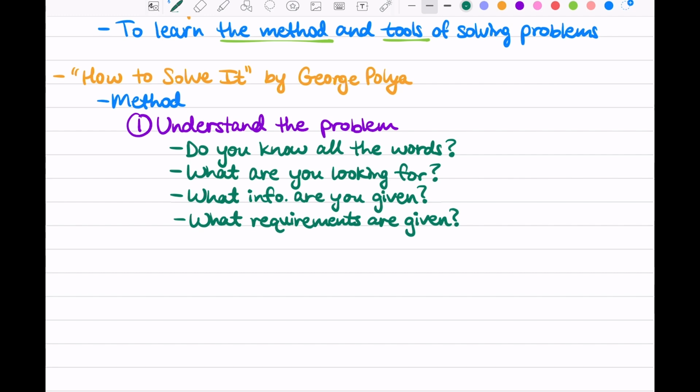And when we consider real life, a lot of people skip this step. When they have some problem ahead of them, they don't take the time to fully understand the problem. They try to go straight into solving it or doing some action. You need to have the patience to understand what you're doing and what is being asked of you.